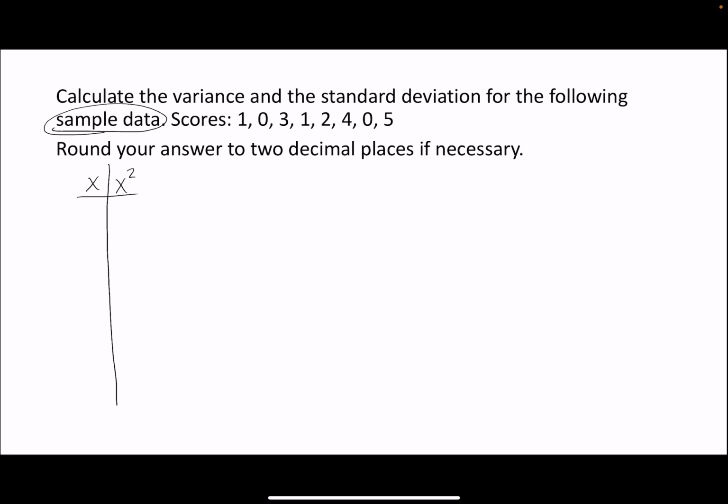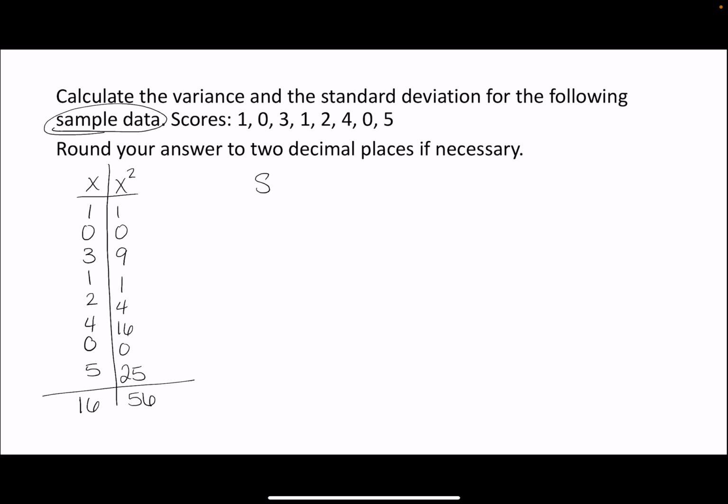Our x's are 1, 0, 3, 1, 2, 4, 0, and 5. I'm going to add all of that up. That's going to give us 16. I'm going to square each one of these: 1, 0, 9, 1, 4, 16, 0, and 25. If we add all that up, that's going to give us 56.